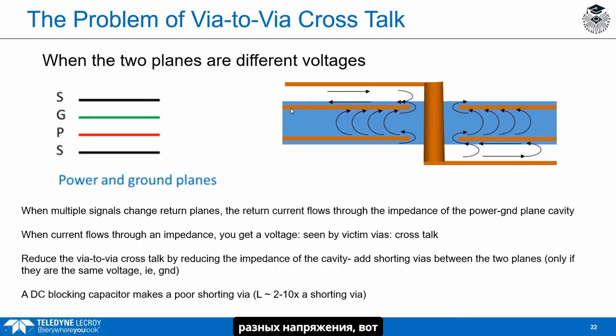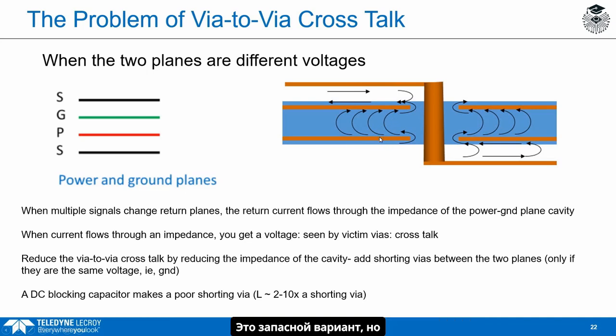If these are two different voltages, here's power and here's ground and here's a 5-volt plane, if they're different voltages, we can't add a shorting via. And so you say, well, I'll just add a decoupling capacitor between them, a short with a DC block.